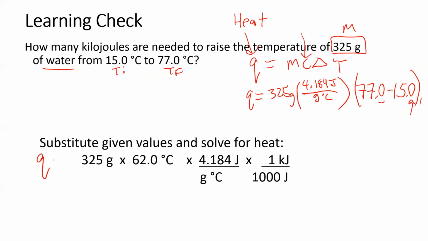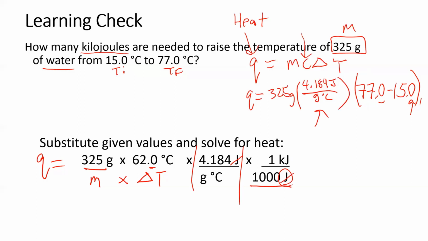My Q equals the mass, times I put the delta T right here, it's 62.0 degrees Celsius, and we see that to the tenths. Here's the specific heat of water, which is that. But now we use a conversion factor method because I wanted kilojoules, and I say, well, in 1,000 joules there's 1 kilojoule.